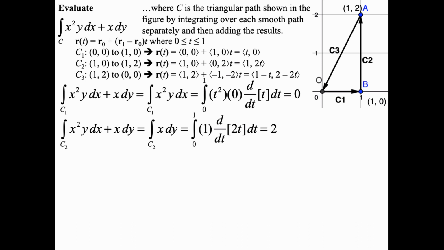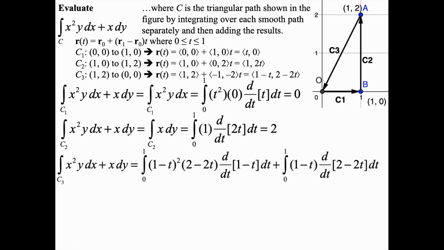Now, for the last piece, C3, we don't have the luxury of saying one of the variables never changes, so it's going to drop out. We actually have to use both components and do some calculations. And here's where a line integral can get a little more involved, but it's not too bad. So we have x squared y dx plus x dy. Let's follow the recipe here. x is 1 minus t, y is 2 minus 2t.